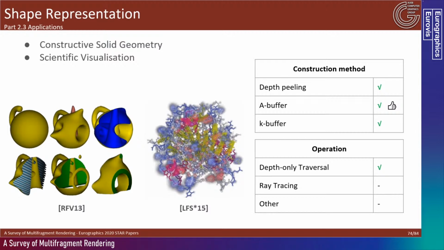Another diverse set of applications we have identified is constructive solid geometry and scientific visualization. Without loss of generality, these categories need computationally expensive operations, either for the modification of existing objects or for the visualization of large datasets. Since MFR data structures provide an efficient way to store and traverse lists of per-pixel fragments, they have been used for the classification of surfaces into interior or exterior, and for the combination of different volumetric and solid models.